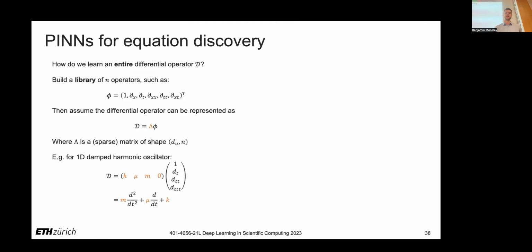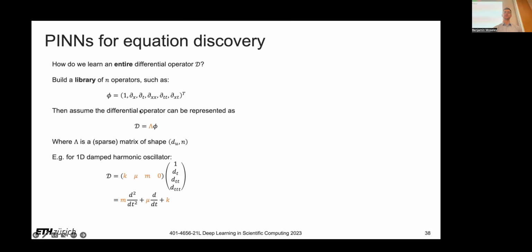We need to bring in a few ideas. The first is we have to make some assumptions about the operator. We can't just learn something completely randomly. So let's assume a couple of things. First, our differential operator, which could be the wave equation, Burgers' equation, harmonic oscillator, etc., we're going to assume is composed of a bunch of operators, like first order derivatives and second order derivatives with respect to our input coordinates.